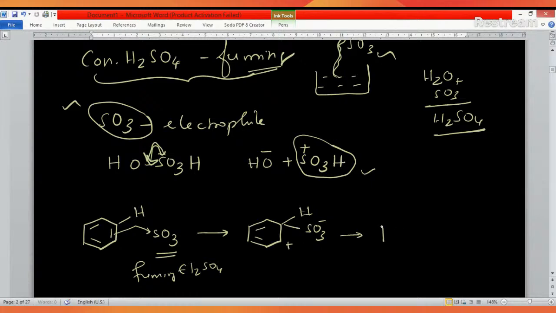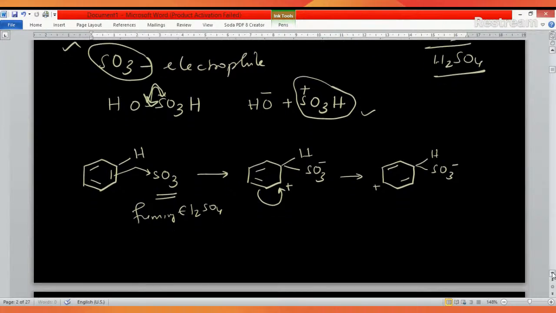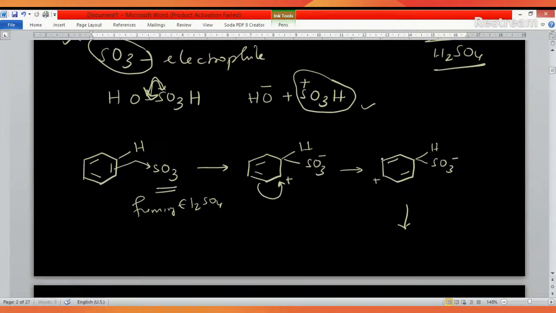The next intermediate resonating structure can be written as follows. When the pi electrons are shifted towards this side, you can have electron deficiency in one other position. This is the position carrying plus. Consecutively, in the next stage, we get one other resonating structure. When the pair of electrons moves towards this side, you will get this particular substance with the SO3 minus, and it carries plus.